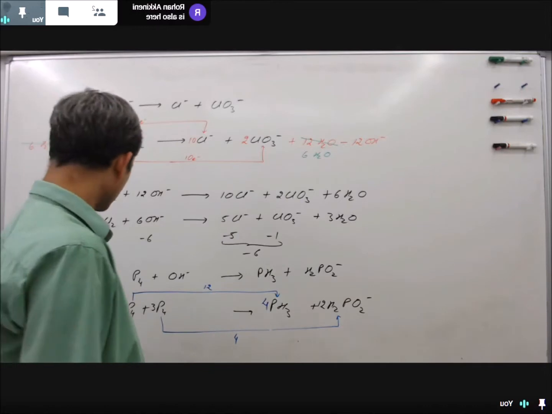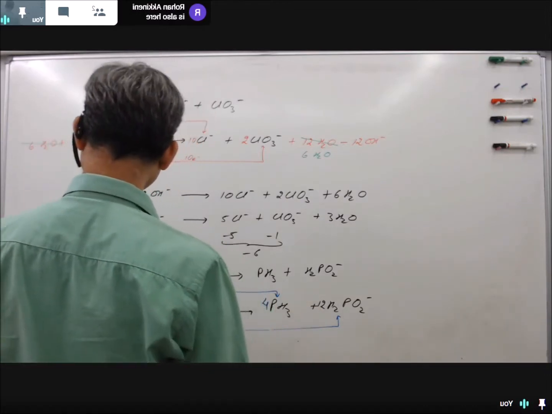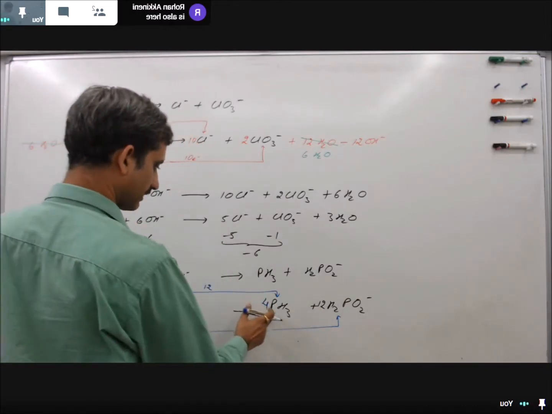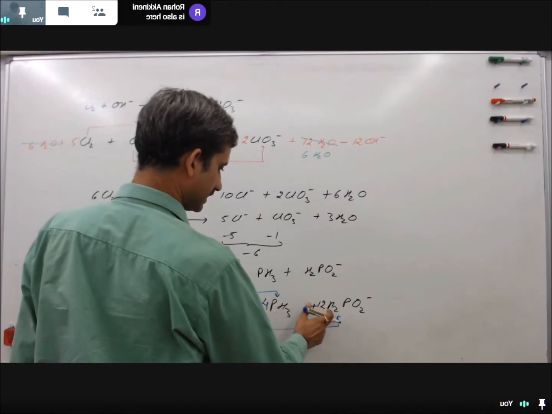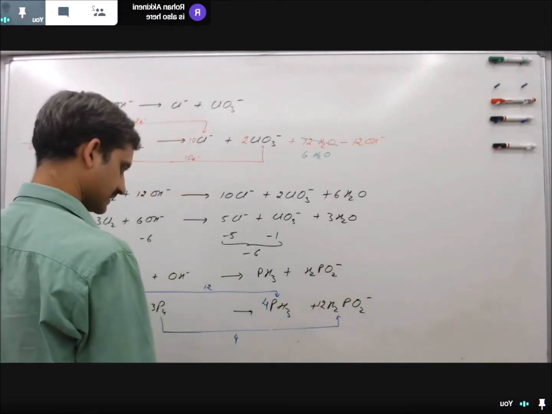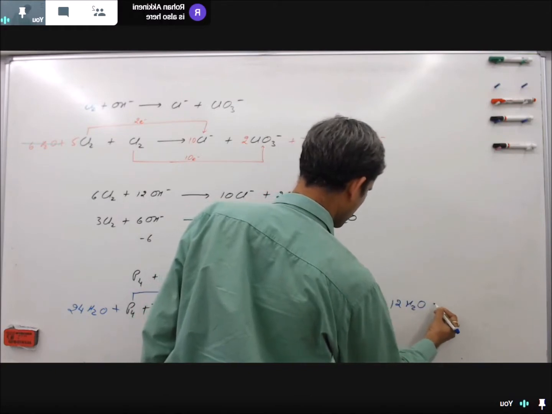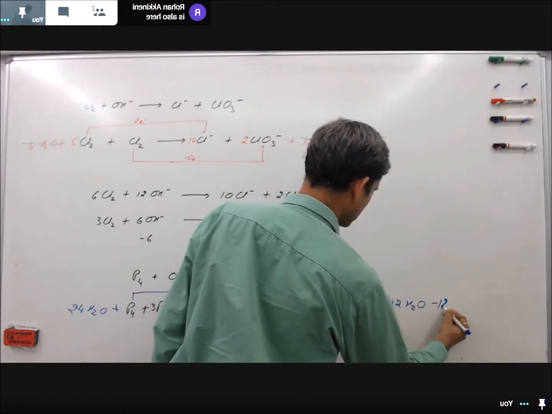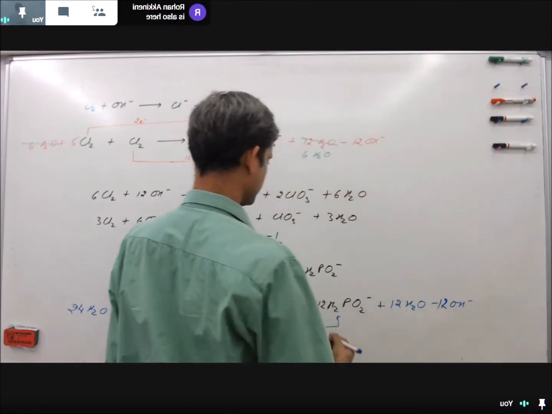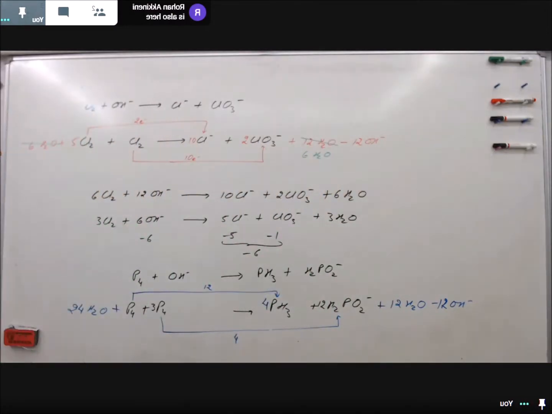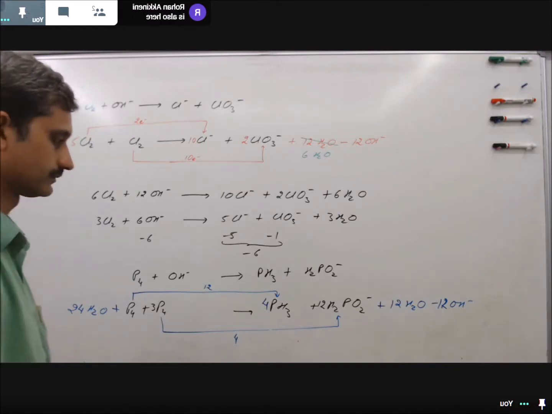Now to balance these 24 H2O, how many hydrogens do we have on the left side? There are 48. On the right hand side, here we have 12, and here we have 24. So we have 36. So here we need to put 12 OH minus. Yes, sir.